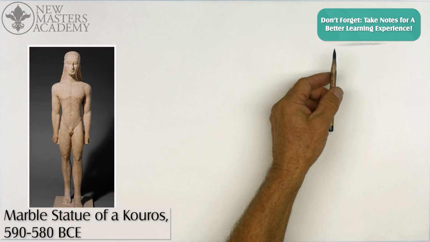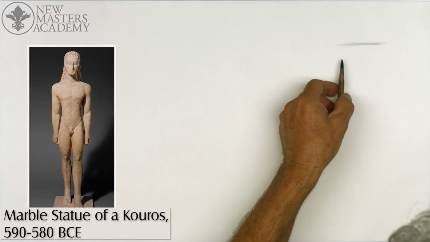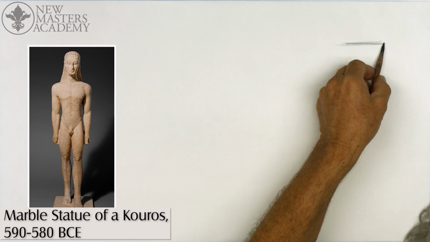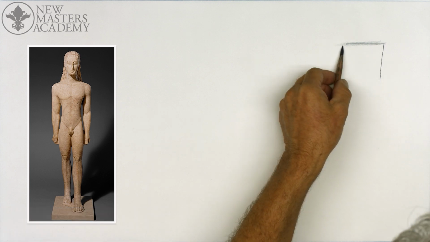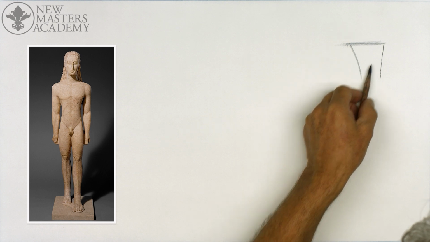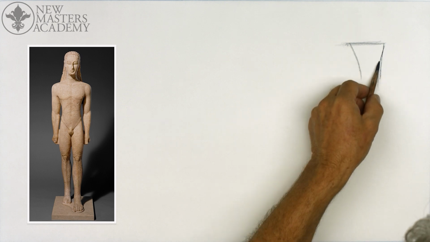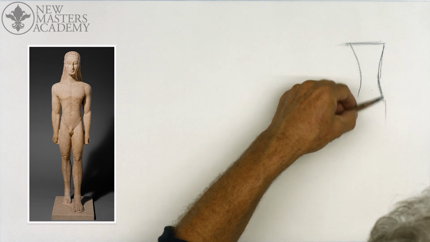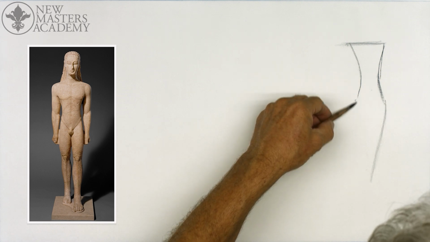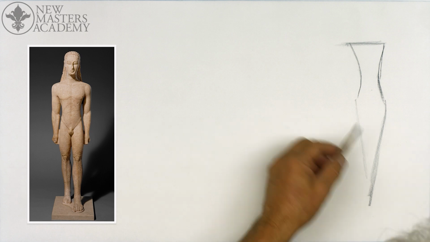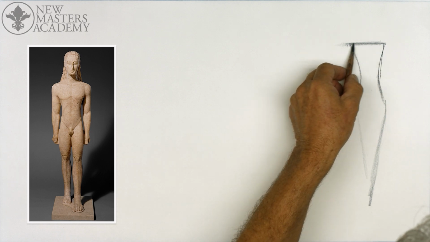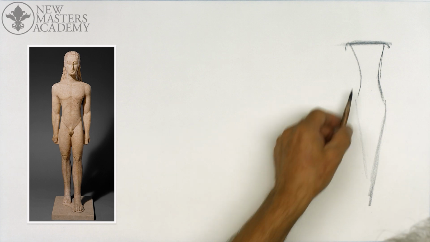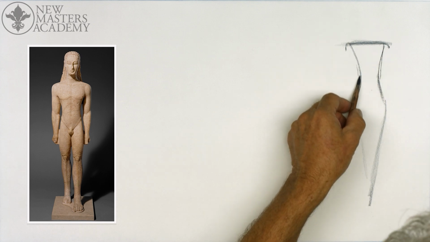For instance, in the archaic Greek, we discussed the strong shoulder and the narrowness of the hip. Even more so, more like this. And then we're coming out and down like this, so one leg is in front of the other. So we have that strong, broad shoulder, masculine and very square, and then it cuts in.